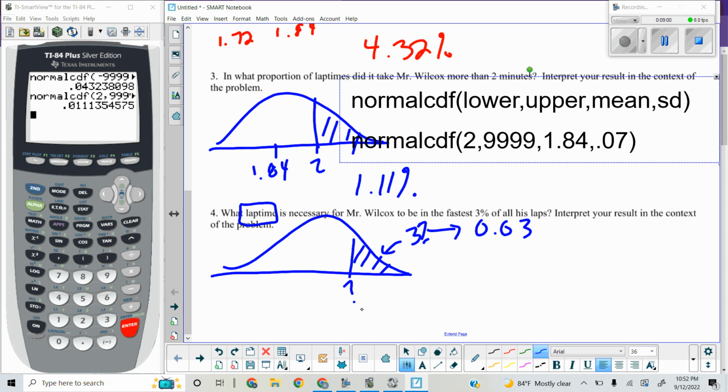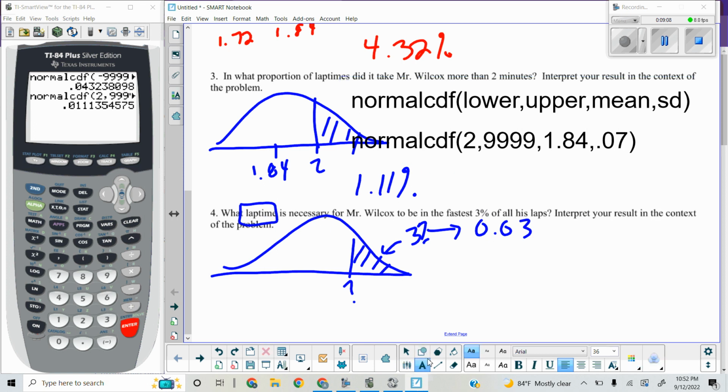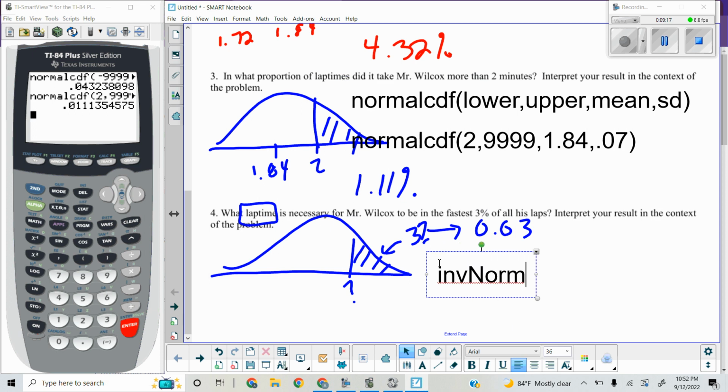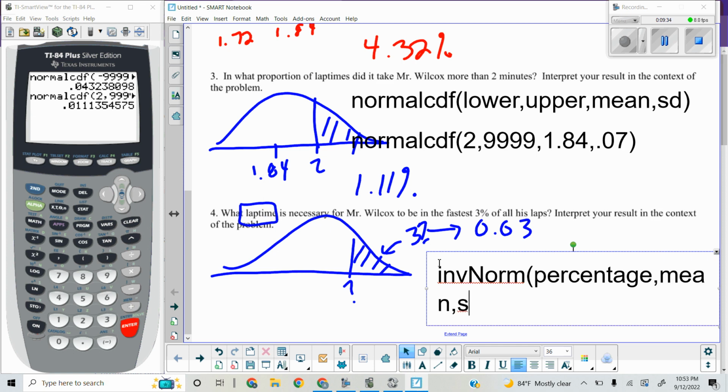So our calculator actually has a function for that as well. It's like we're working backwards, so we want to think of it as doing the inverse. So this is called the inverse norm. For our inverse norm, you use your percentage, and then your mean and standard deviation.